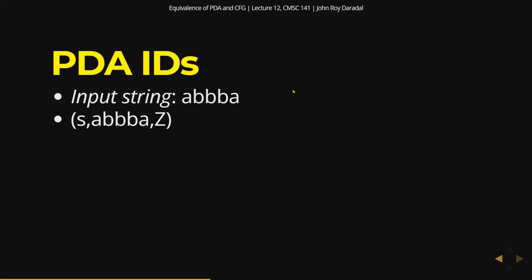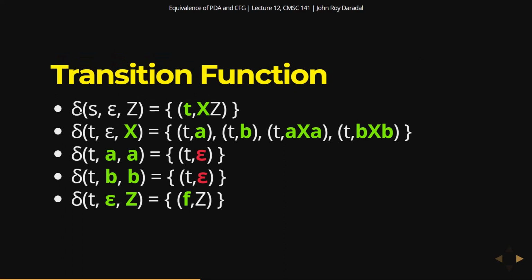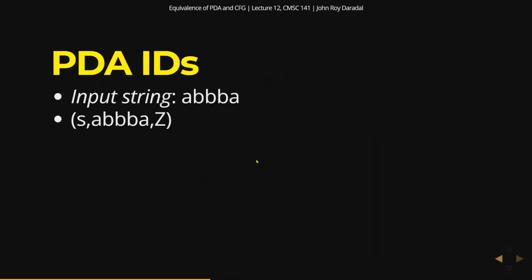So the first thing that we'll need to do is the first type of the transition function. We'll transition to state T and push the start symbol. So this will go to state T, and we push X on top of the stack because X was the variable for the start symbol.